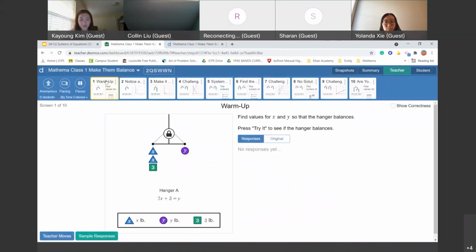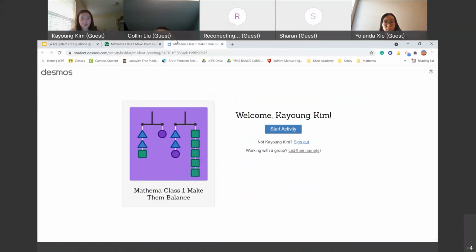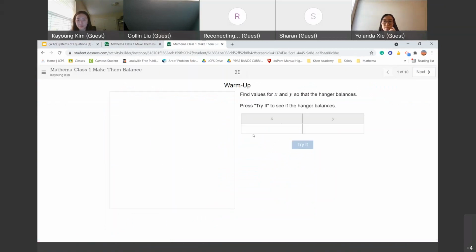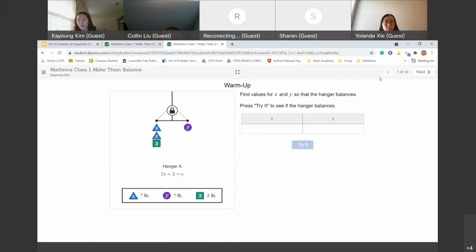I guess I'll go from here. Actually, then you can see all the responses. I'll just do it from here. Okay, so the first slide, this is just getting you introduced to what this weird hanger thing is. You see that there's two X blocks and then a 3 and then a Y on the right.